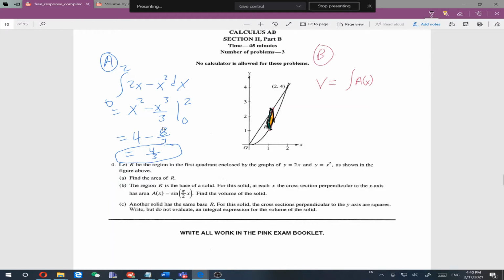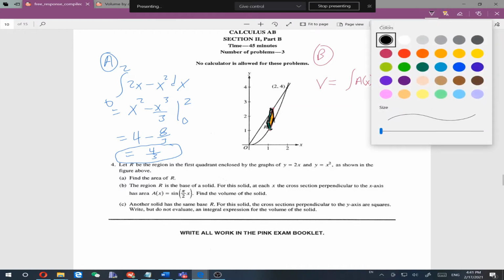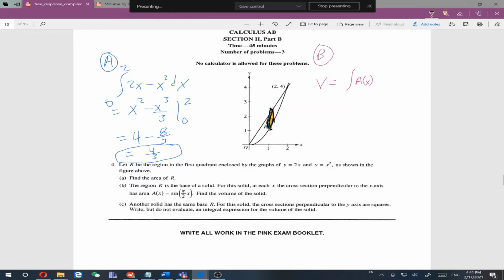If I'm going to integrate, what am I going to integrate from? The sine function times the 2x minus x squared.